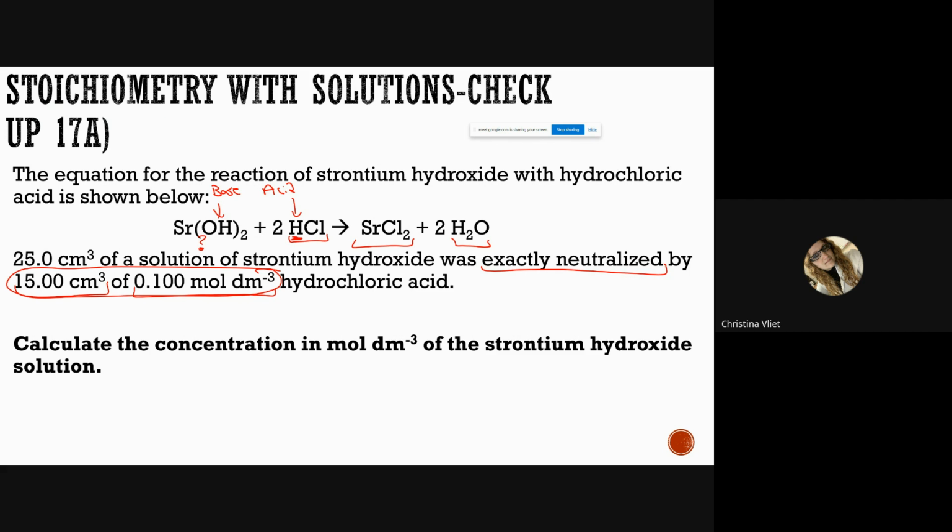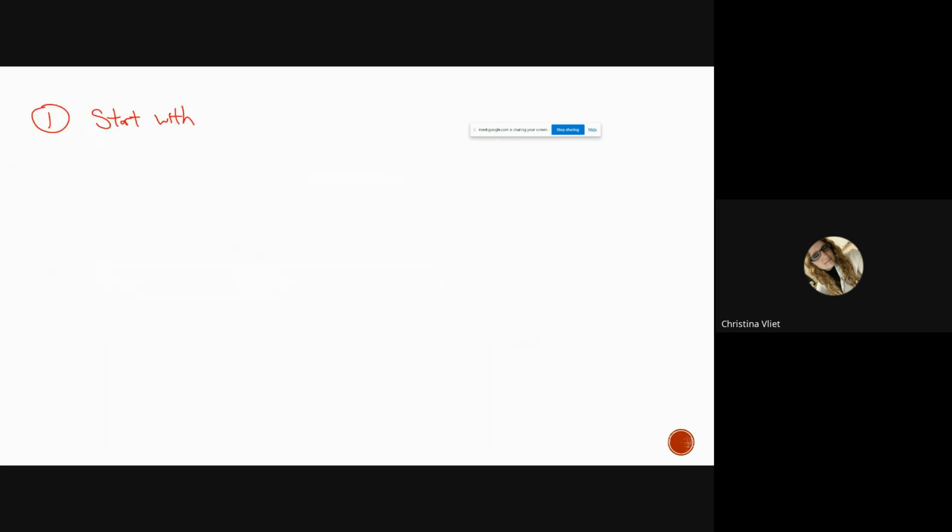What can I get from that information? Start with concentration equals moles over dm cubed. So we're going to start with HCl because we have 2 pieces of information for HCl, which means I have 2 out of 3 parts of this formula.